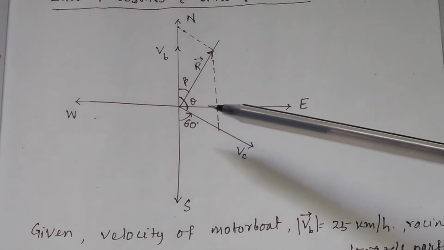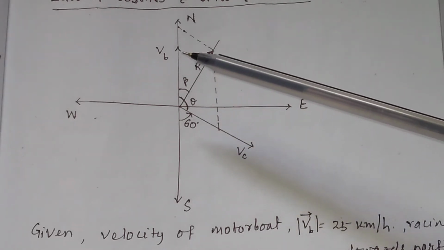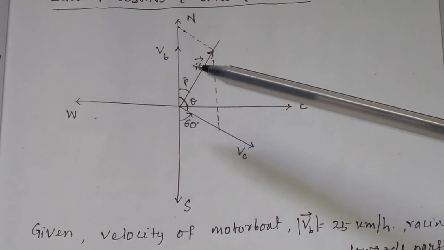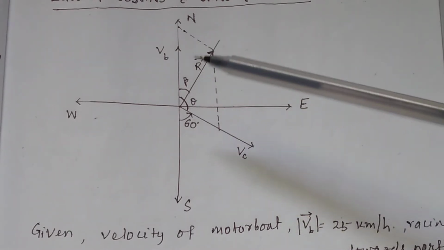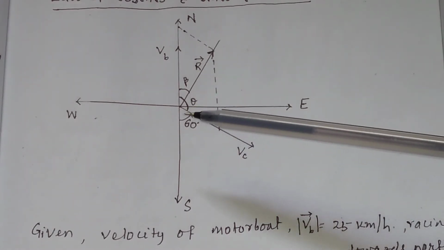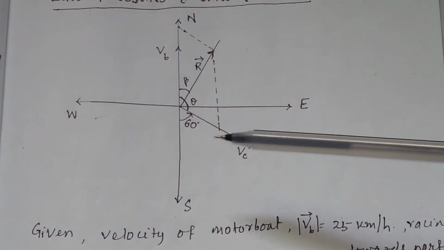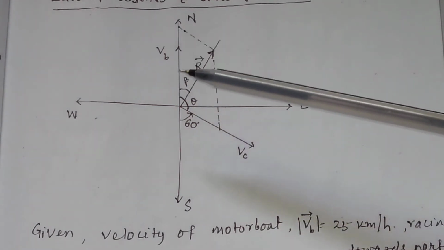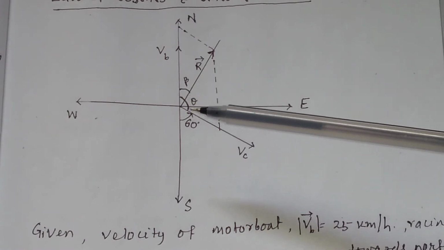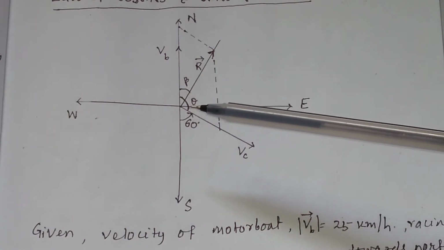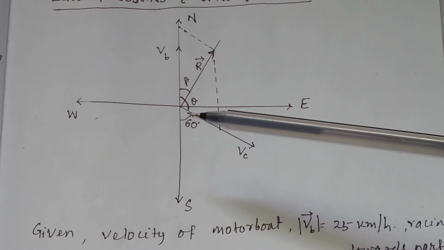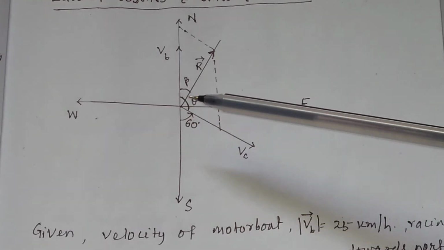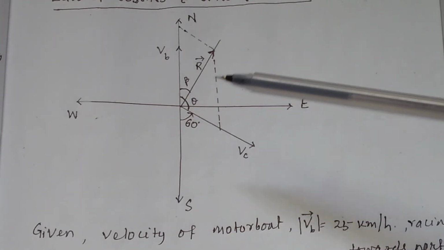So here the angle between the vector Vb, velocity of the motorboat, and Vc, velocity of the water current, is theta. This is equal to 120 degree because this angle is 60 degree.